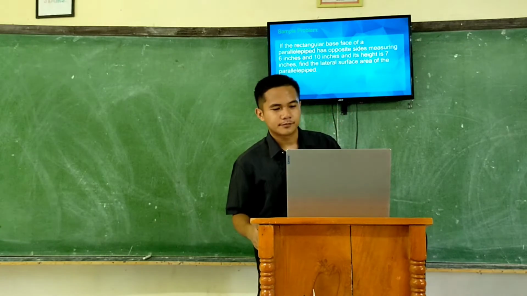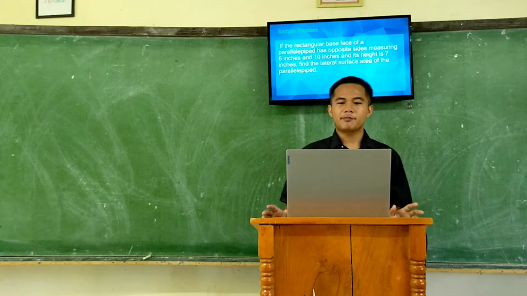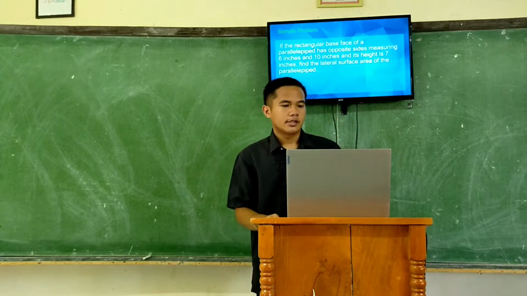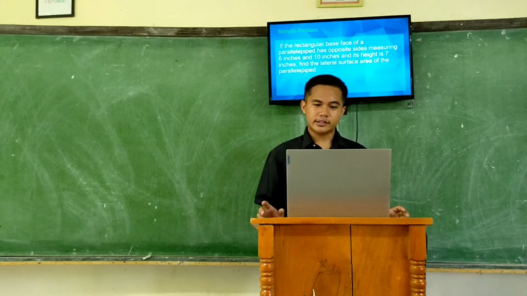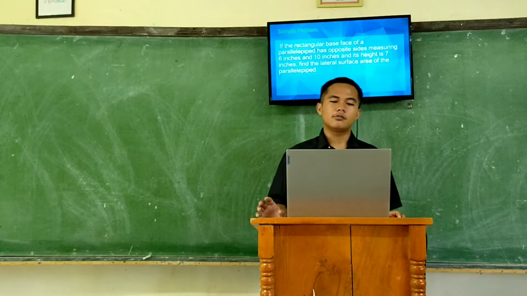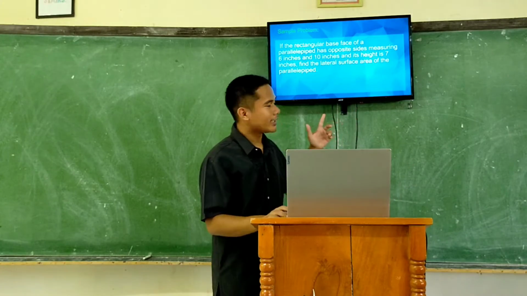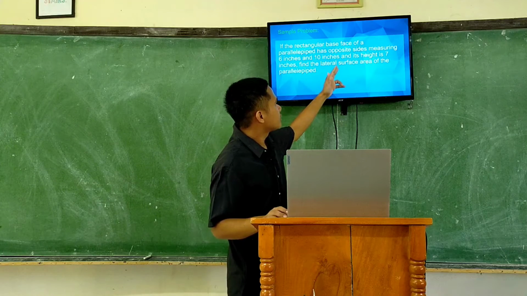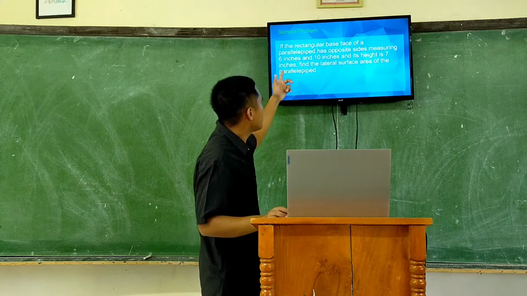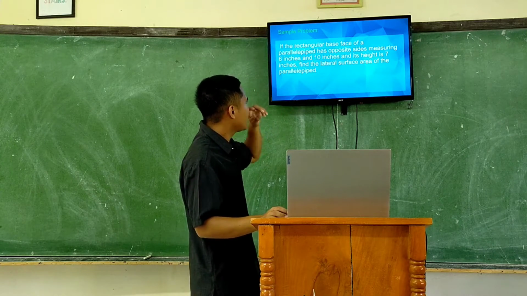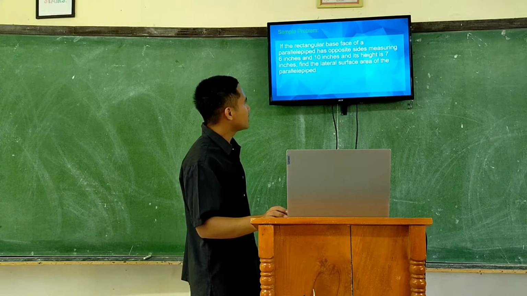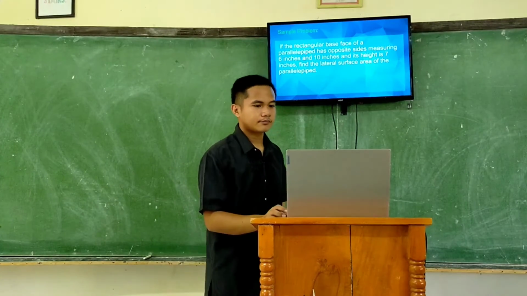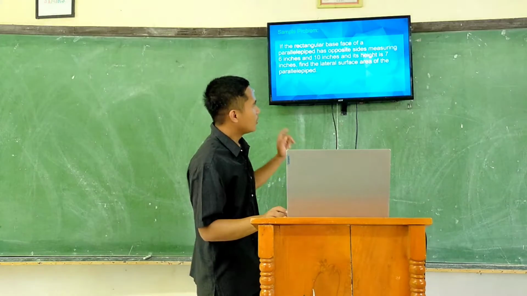Sample problem. Subukan natin i-apply ang formula sa isang problem. Sabi dito, if the rectangular base face of a parallelepiped has opposite sides measuring 6 inches and 10 inches and its height is 7 inches, find the lateral surface area of the parallelepiped.